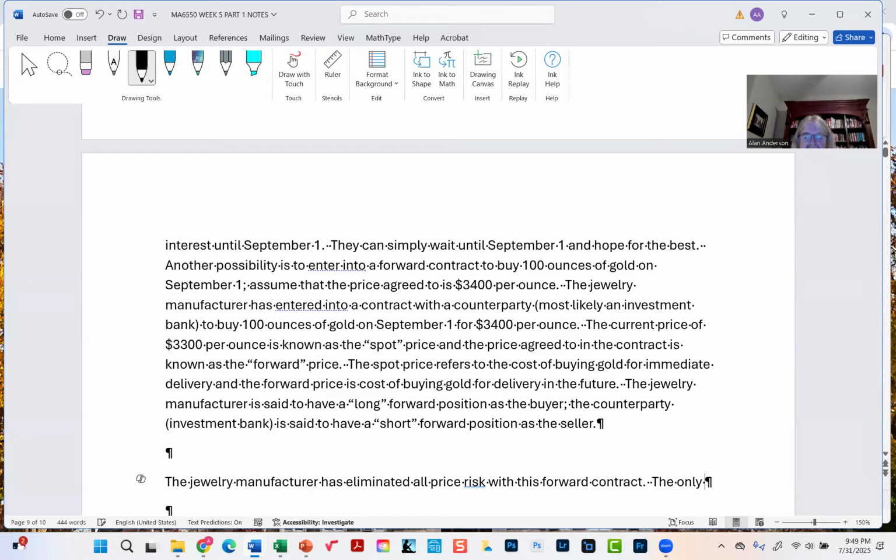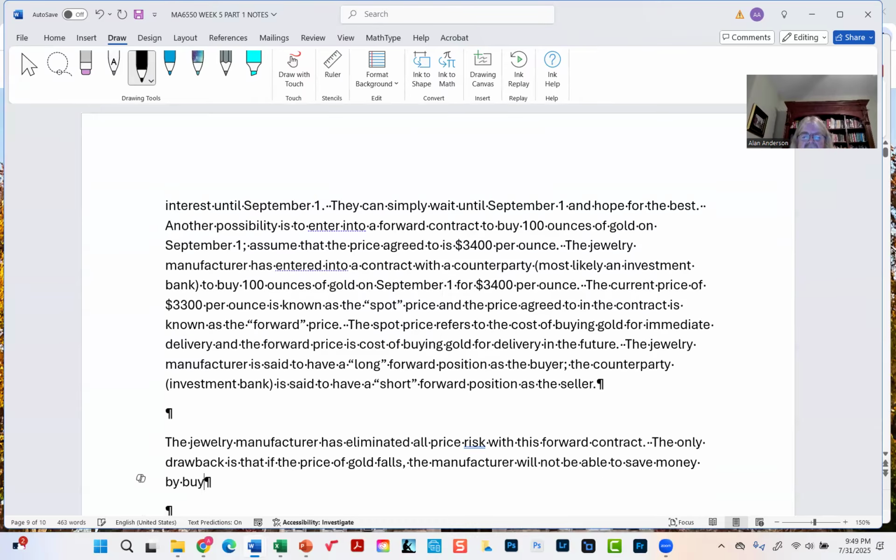The only drawback is that if the price of gold falls, which it could, the manufacturer will not be able to save money by buying at the lower price. They're committed to buying it at 3,400.